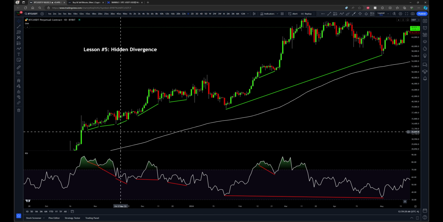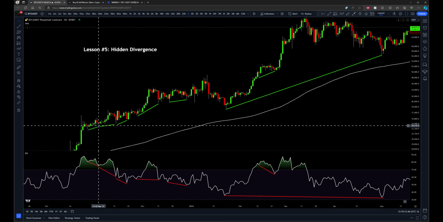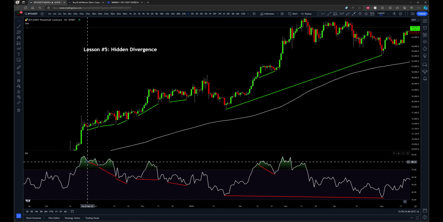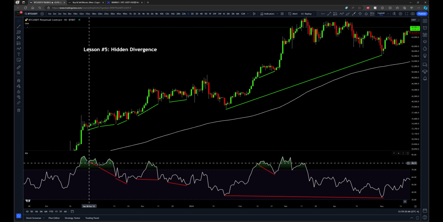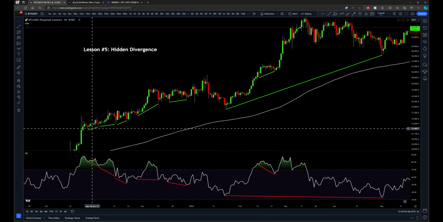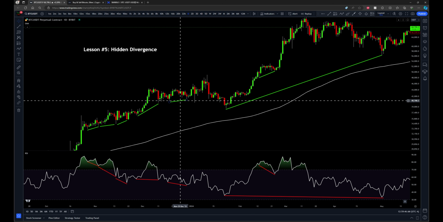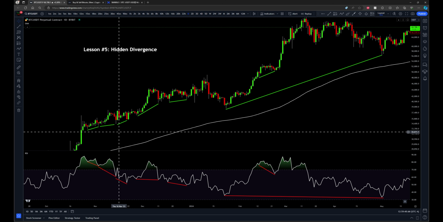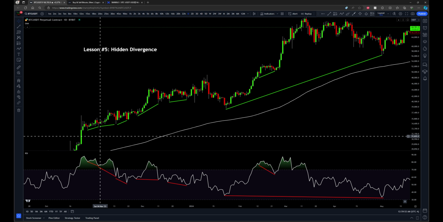What that means is price makes a higher low, while at the same time our momentum indicator makes a lower low. So you can see I have the red lines here on RSI, while the green higher lows on price are marked with the green lines, each one marking a higher low and then a trend continuation move.